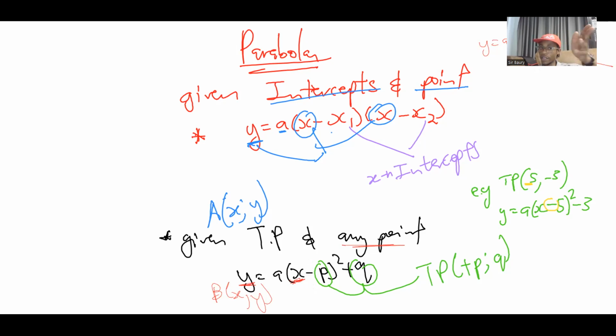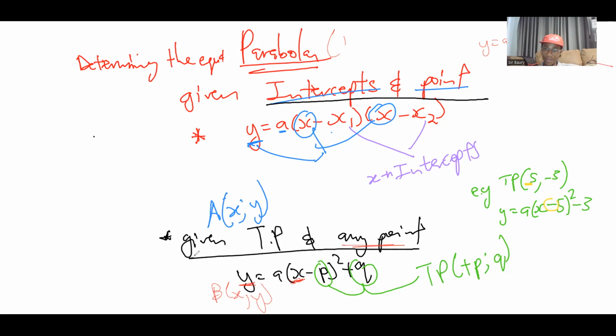Or you can be given a value of a. This is for determining the equation. In exams, they give you either intercepts and a point, a turning point and any point, or, more rarely, the y-intercept and probably a or b. Most of the time they ask about intercepts and a point, and turning point and any point.